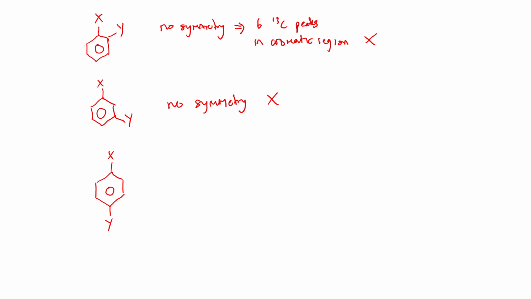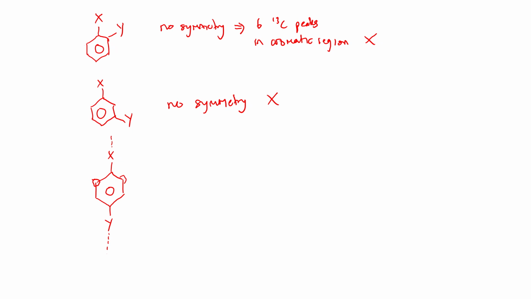But when we come to the third case, the 1,4, you can see that we do now have some symmetry. Not across the middle of the ring in the vertical sense, because X is different from Y, but we do have symmetry going up here. Okay, so there's a plane of symmetry right through the middle of the ring like that. And that means that this carbon and this carbon will be equivalent.